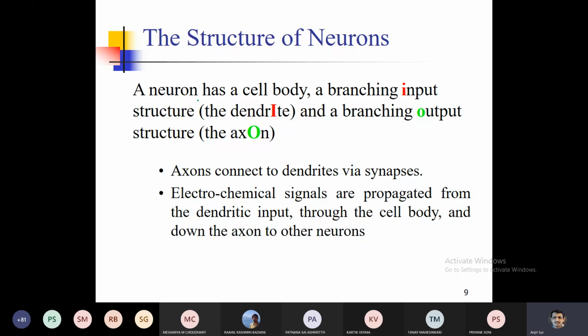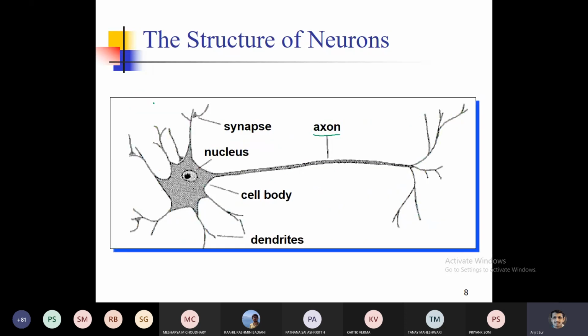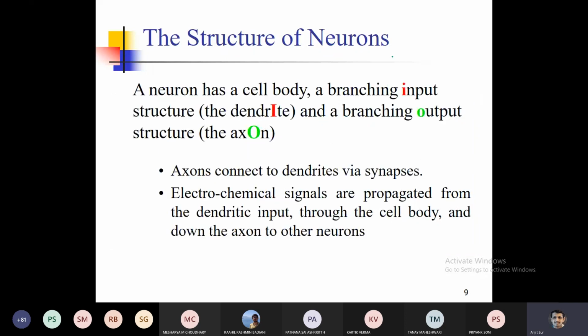A biological neuron has a cell body and a branching input structure called dendrites. Those are the inputs to the cell body.